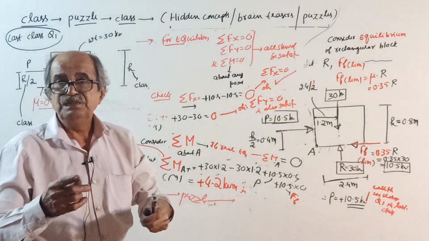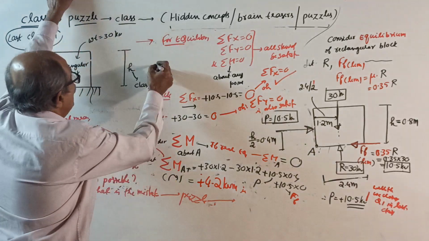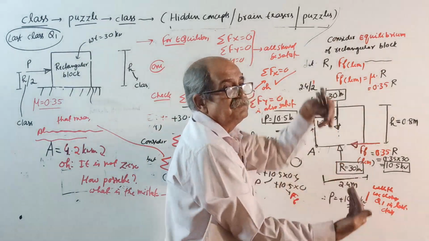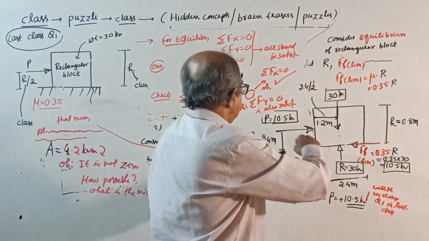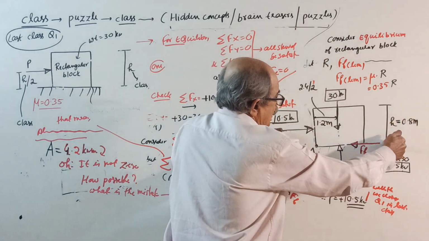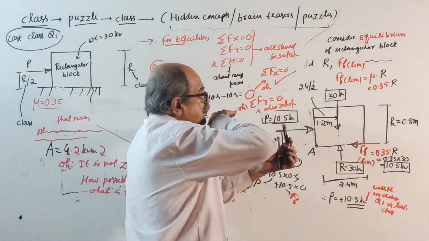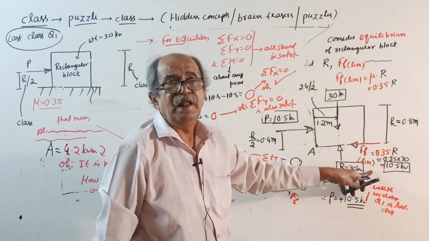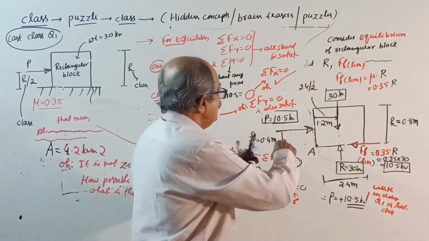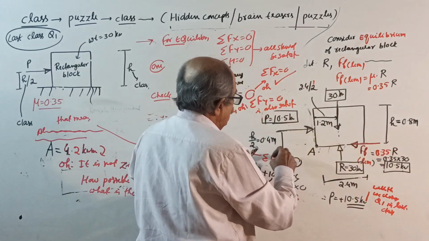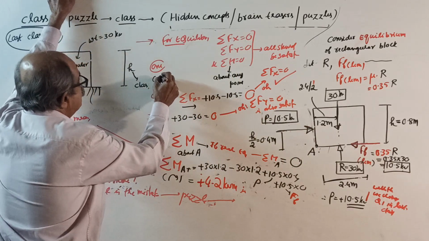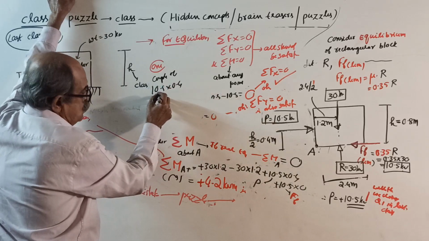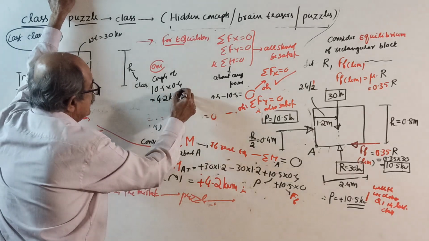In simpler language, I will tell one more concept. 30 down balanced by 30 up. This 10.5 on the right side and 10.5 on the left side, two equal unlike parallel forces, will form a couple: 10.5 into 0.4 equals 4.2 kilonewton meter clockwise.